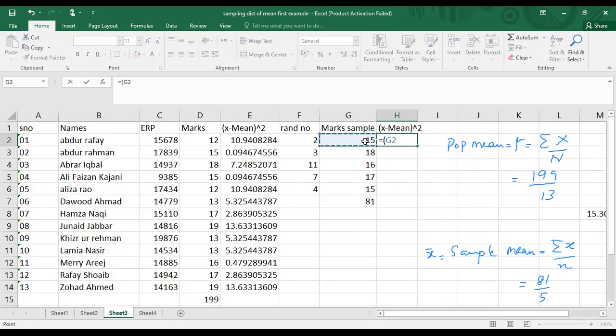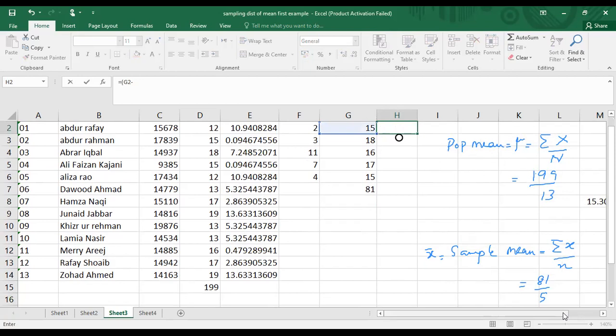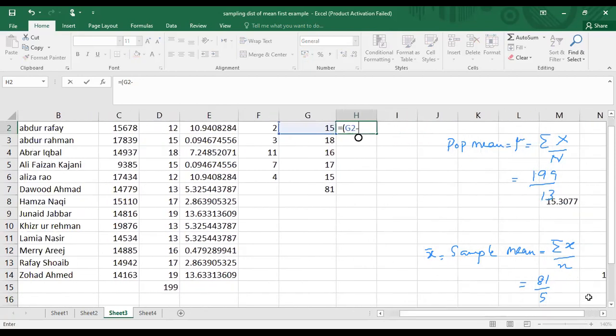This is equal to 15 minus the sample mean, and the sample mean is 16.2, and whole square. Similarly, N14 is to be frozen by placing the dollar signs, function key F4.